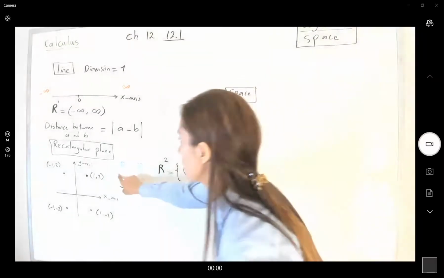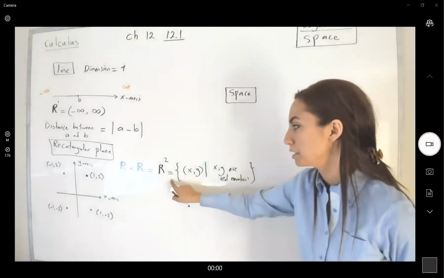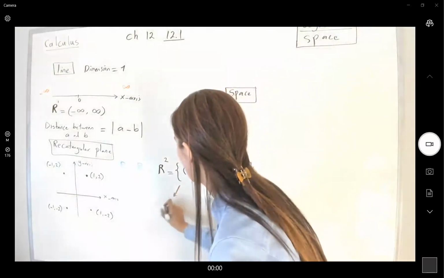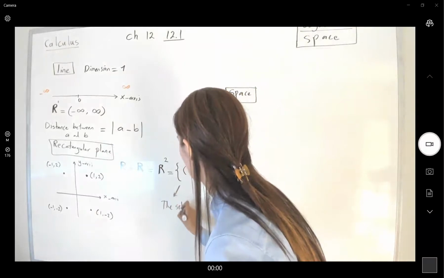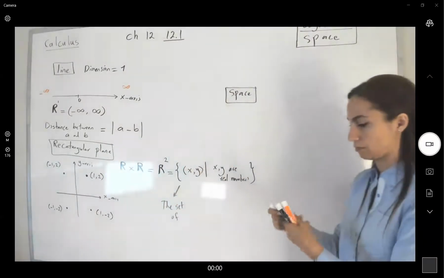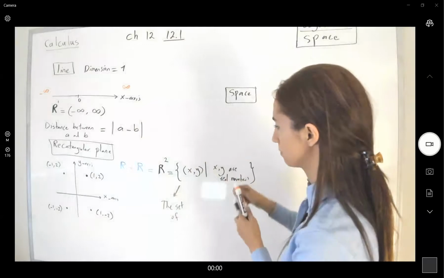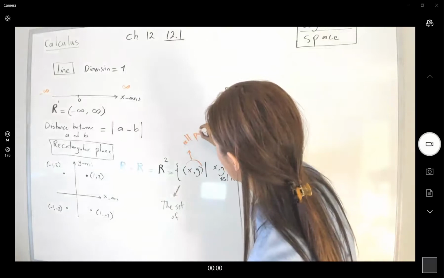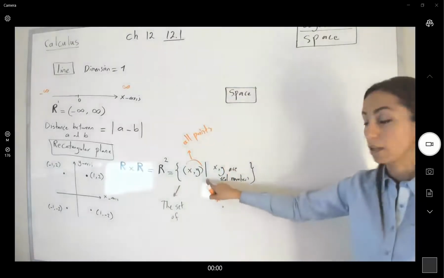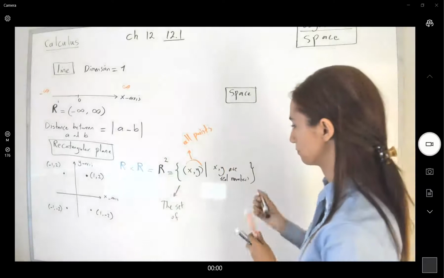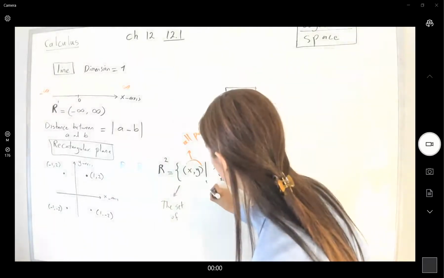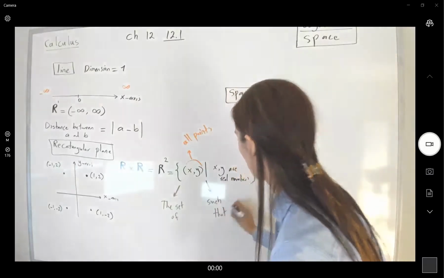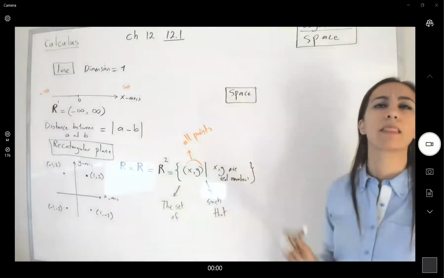Rectangular plane is equal to the set of all points, x comma y, such that with the condition that x comma y are real numbers.